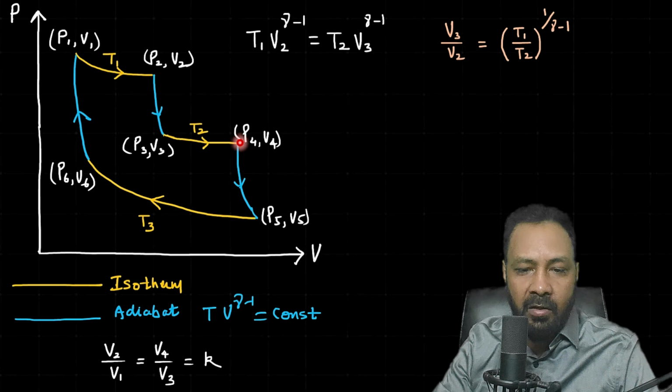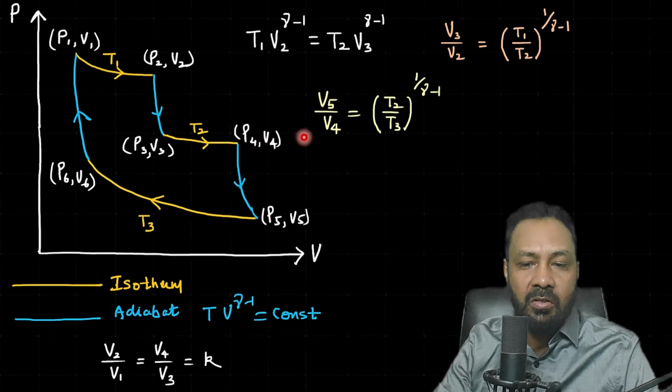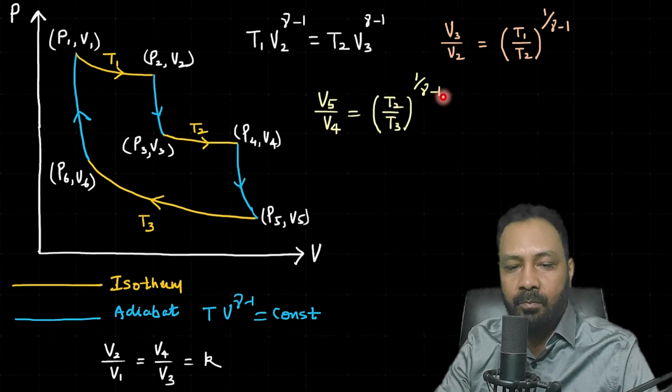So the same thing I can apply for this. Final volume by initial volume is equal to initial temperature by final temperature power 1 upon gamma minus 1.